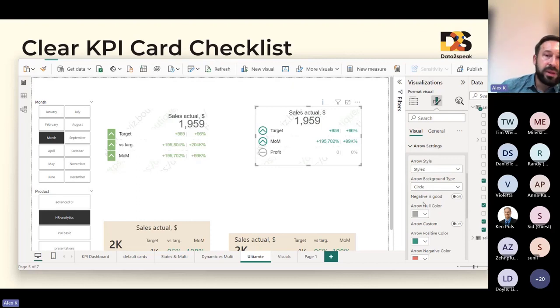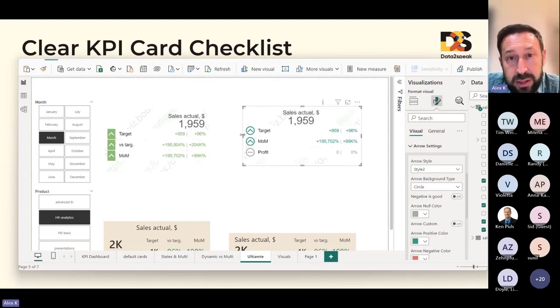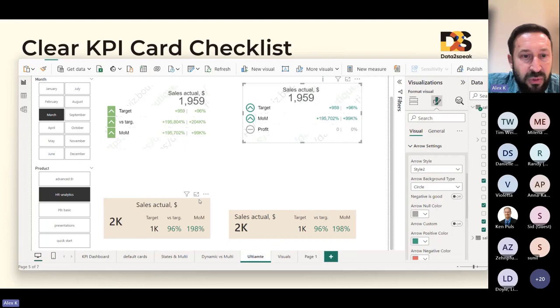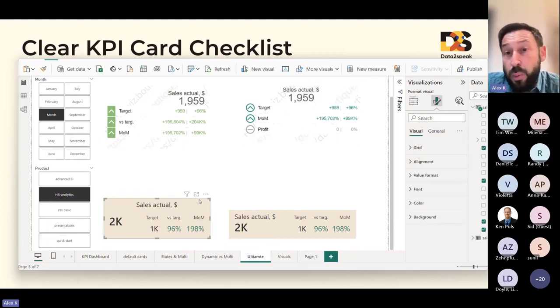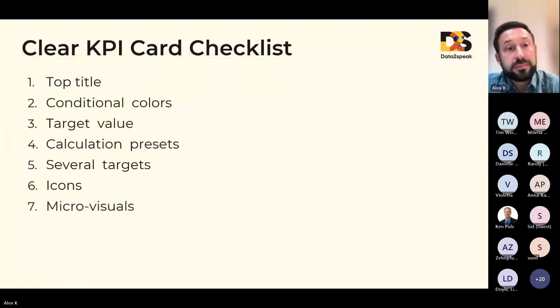So not so many parameters, but some kind of adaptation. And really, it's a useful element. For example, for our multi-target KPI, we don't have such a function, and it's in our backlog. So that's icons.